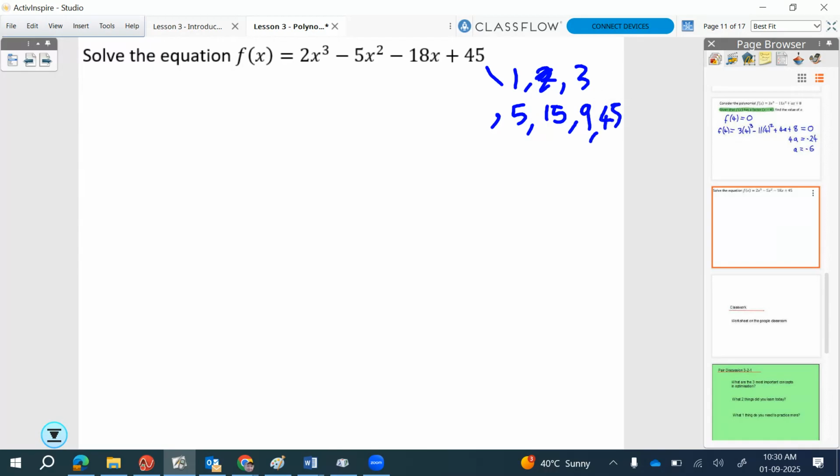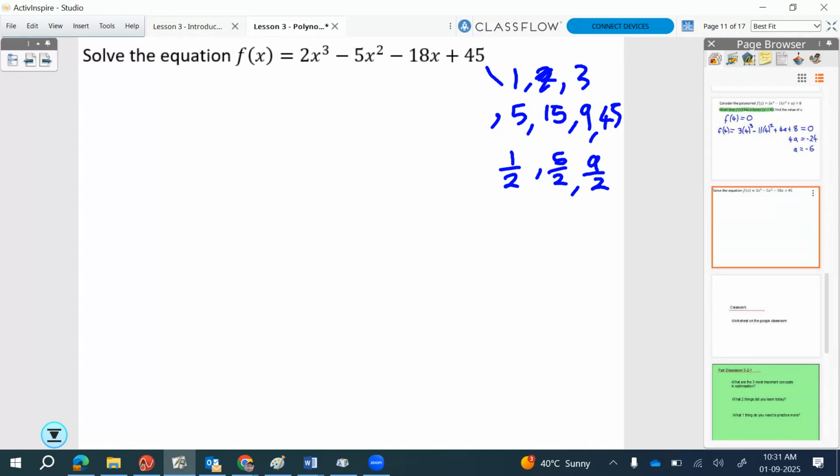And then the factors of 2, which are 1 and 2. 1 over 2, and 1 over 1. It could also be 5 over 2. Is it because it's 2.5? No, because 5 is a factor of this and 2 is a factor of that. So 5 over 2, 5 over 1, 9 over 2. There's a whole bunch.